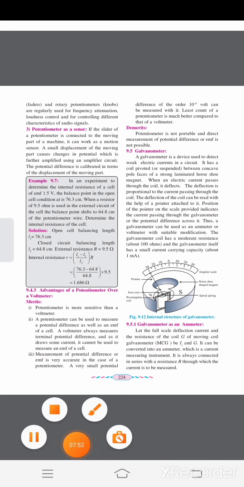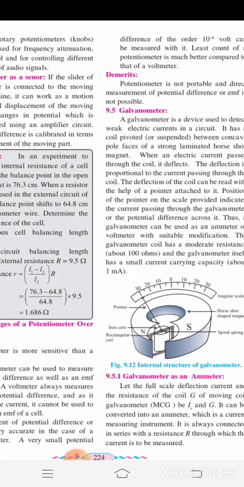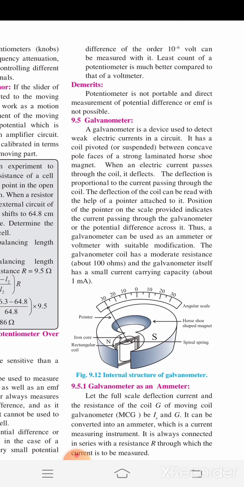This figure 9.12 shows the internal structure of a galvanometer, where a coil is suspended between two concave pole faces of a strong laminated horseshoe magnet.